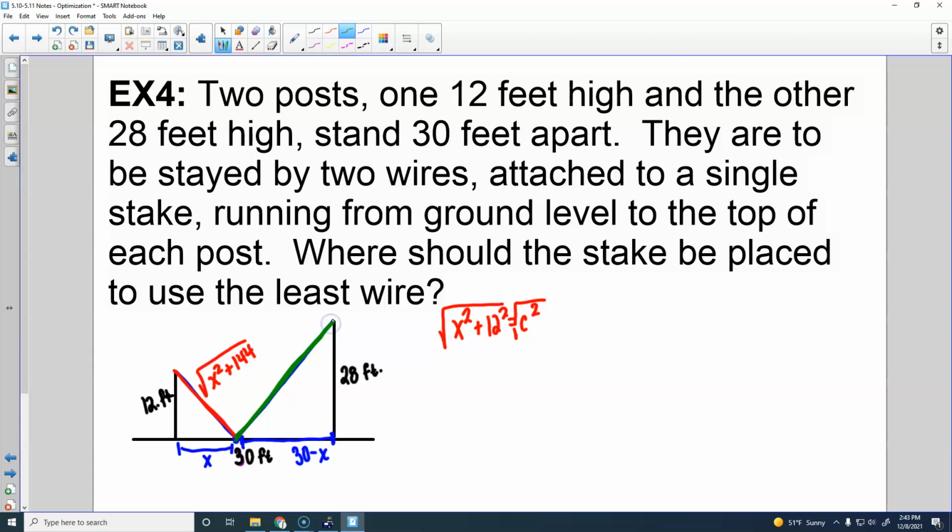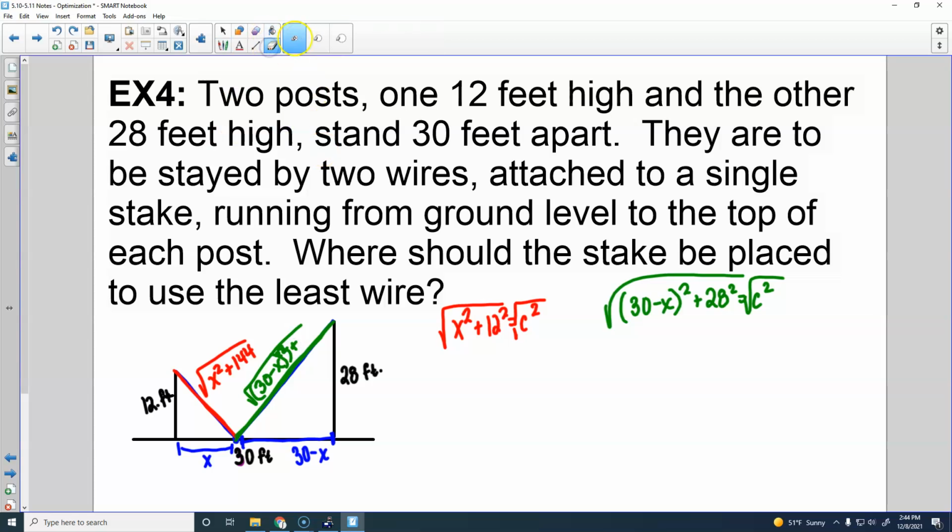If I want to do the Pythagorean Theorem here, I'd have to do this: 30 minus x, squared, plus 28 squared would equal c squared. I would have to square root both sides. So this side right here is the square root of (30 minus x) squared plus 28 squared.